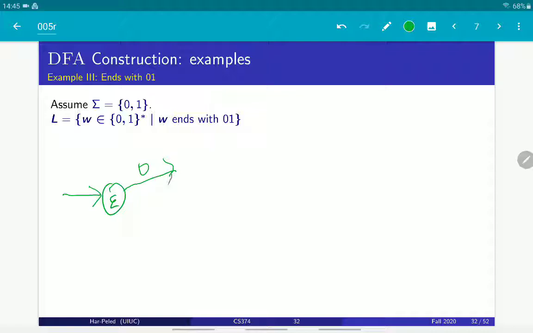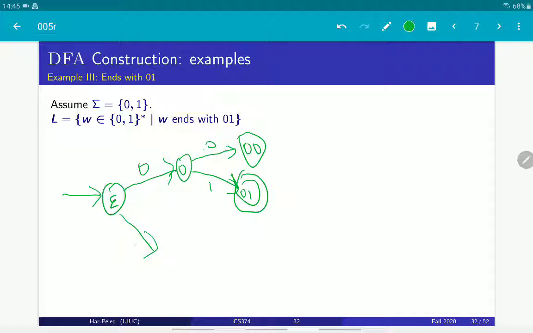I see a 0, and after seeing 0, I either see 0 or 1. Now, if I got to 0, 1, this is an accepting state. If I started from the empty string and I got here, then I'm very happy. Similarly, this is state 0, and this is going to be the state 0, 0.